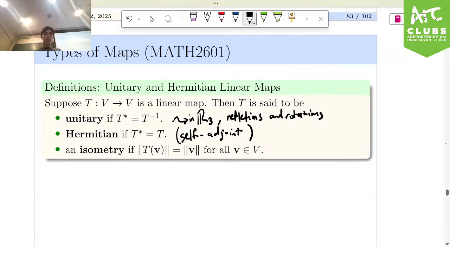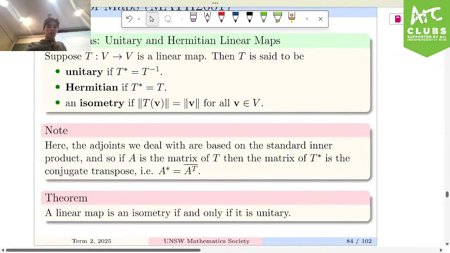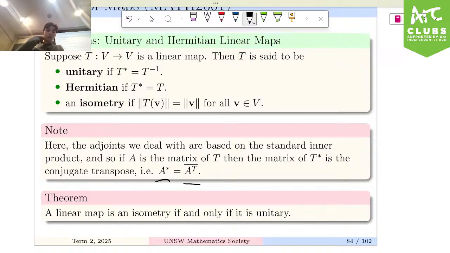And an isometry is a linear map that preserves distances, basically, right? Preserves the magnitude of the vectors. So yeah, just a reminder here, the adjoint of a matrix is referring to its conjugate transpose.